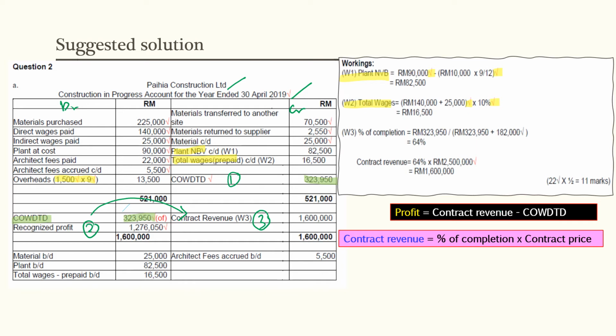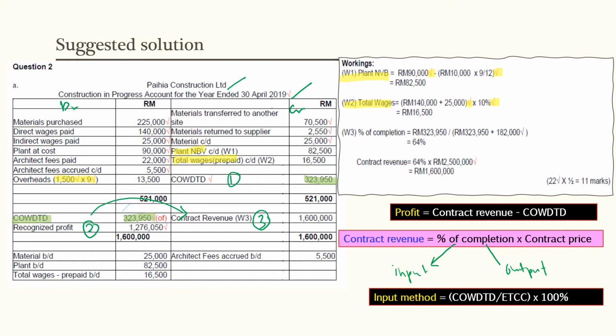There are two methods to measure the stage of completion: the input method, or the output method. For this question, we are required to identify the stage of completion based on the input method. This is the formula. The stage of completion using the input method is the proportion that the contract cost incurred for work performed to date bears to the estimated total contract cost.